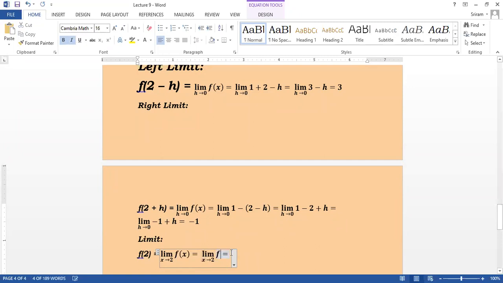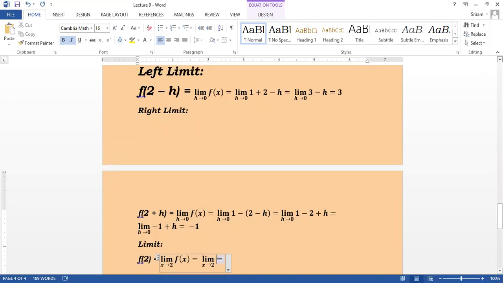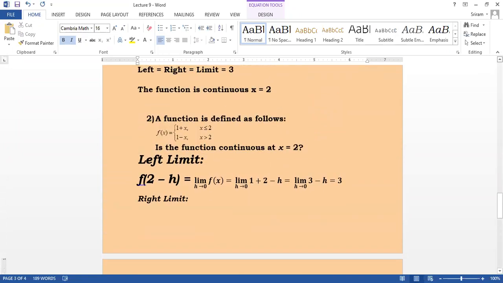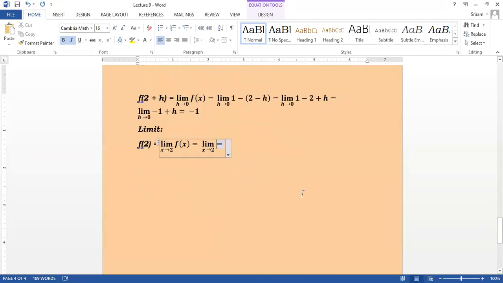The first function is 1 plus x, the second function is 1 minus x. Equal to exists in the first function, 1 plus x. So I am going to take the first function 1 plus x and substitute the value of 2. So this is 1 plus 2 equal 3.